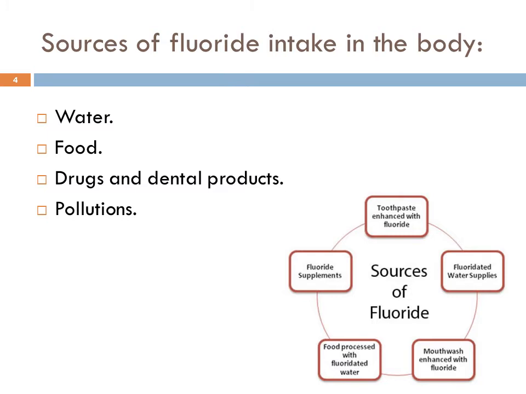So we can inhale the fluoride, and the fluoride goes to the lung and then to the circulation, so the plasma level will increase through these two different routes, either the GIT or the lung, the respiratory system.